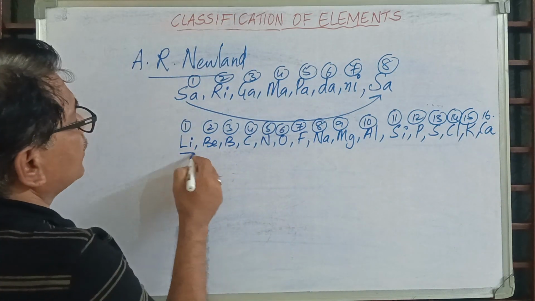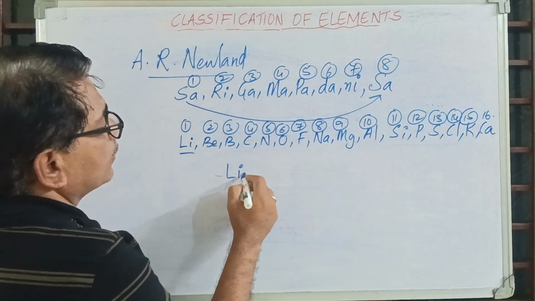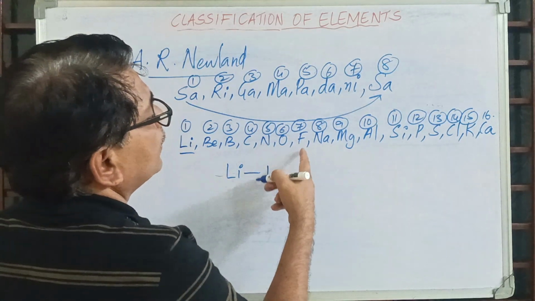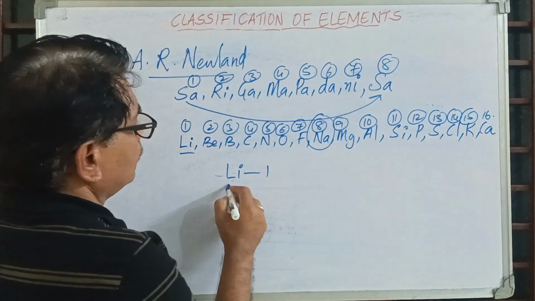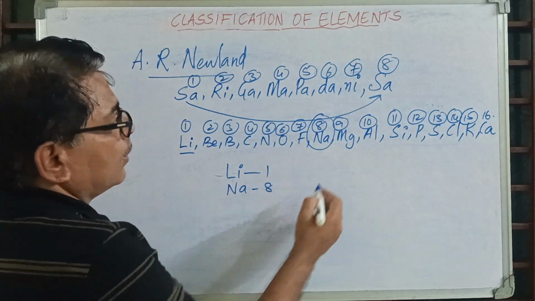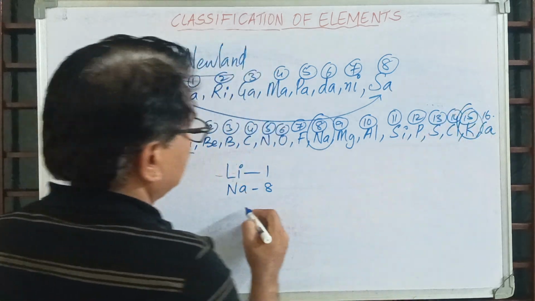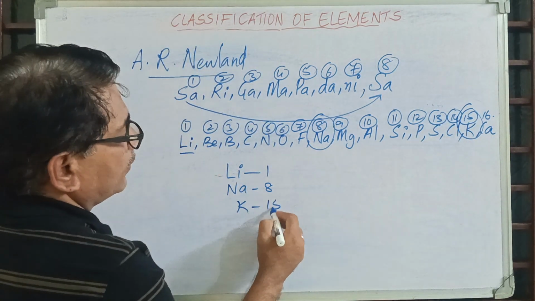Now let us consider this as Sa. So lithium over here is number 1, Sa, Re, Ga, Ma, Pa, Da, Ni, Sa. The 8th one again is sodium with number 8. Re, Ga, Ma, Pa, Da, Ni, Sa. Again potassium with number 15.